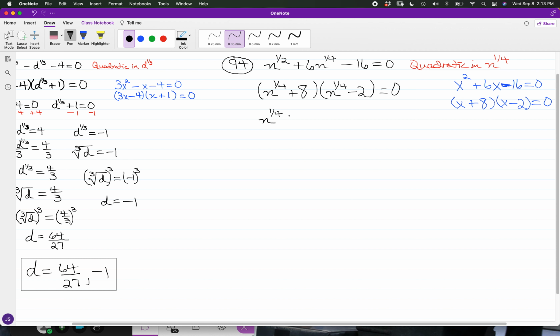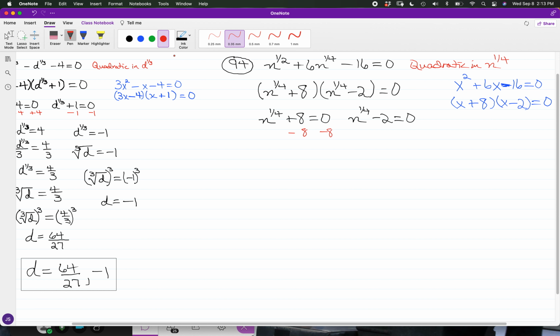So we have two factors, and we can now set up what we have here utilizing the zero product property. With n to the 1/4 plus 8, I can set this equal to 0, and for n to the 1/4 minus 2, I can set this equal to 0 and isolate the variable term.